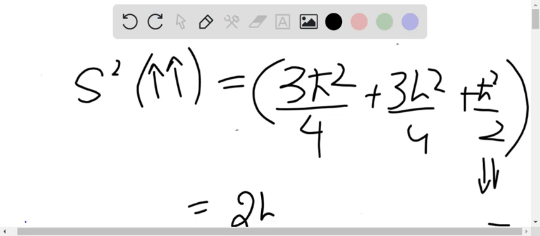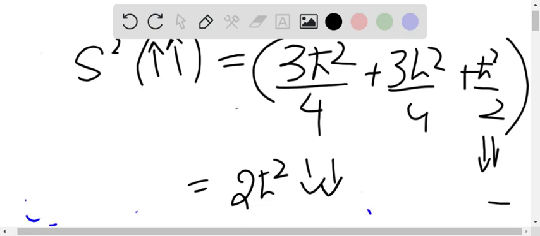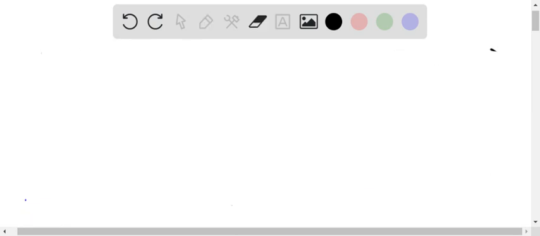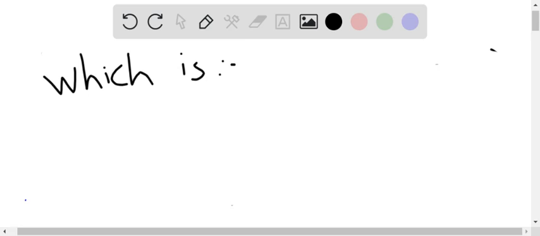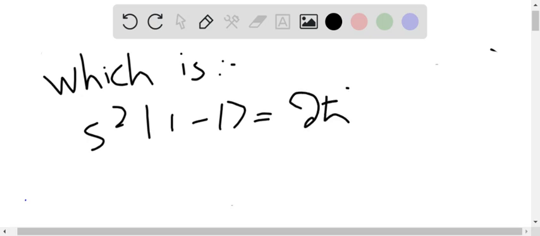When you solve it, you will get that it is equal to 2h square |1 negative 1⟩.